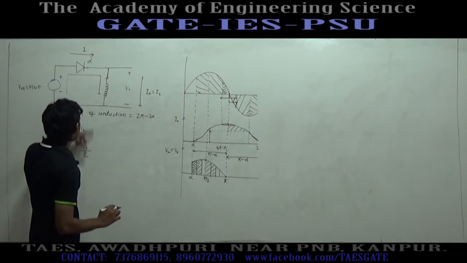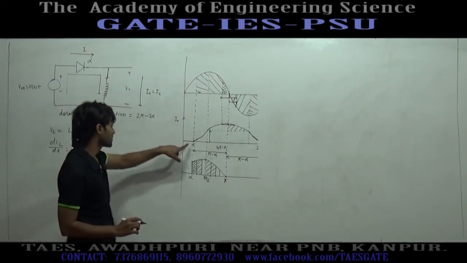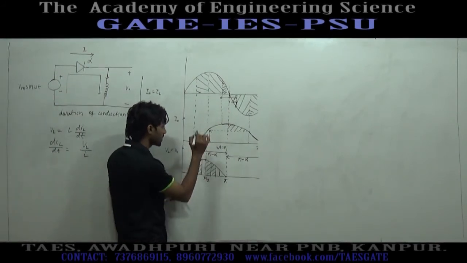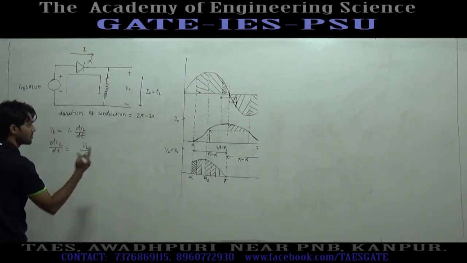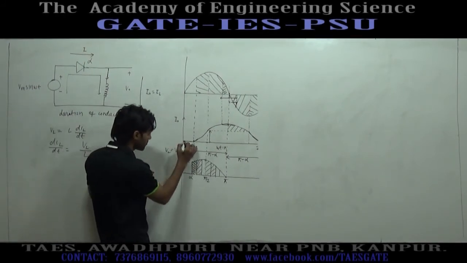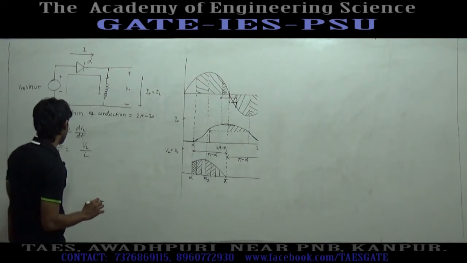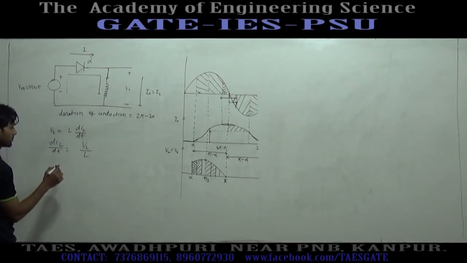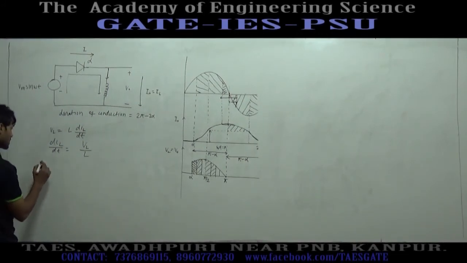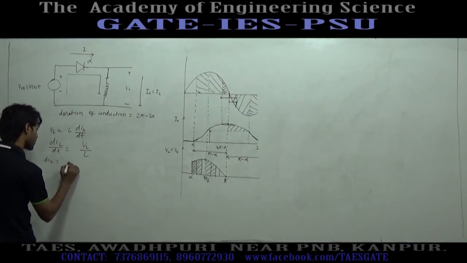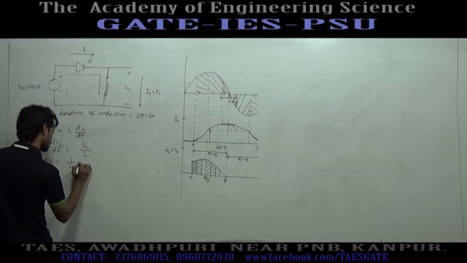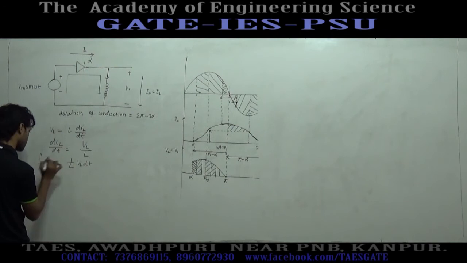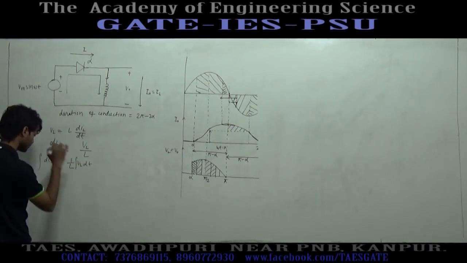Now, at alpha the thyristor is triggered, so from alpha the current will start rising, and before alpha we can see from the graph the current is 0. So we will write this equation for the current, dIL equal to 1 by L VL dt, and we will integrate it.